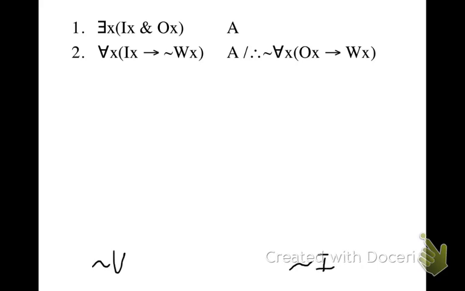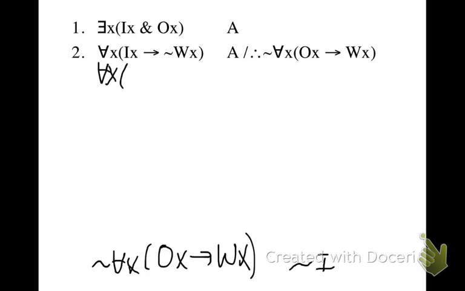So we're going to get the conclusion, it's false that for all x, if ox, then wx, by dash-in. So we need to start out with the provisional assumption of for all x, if ox, then wx.